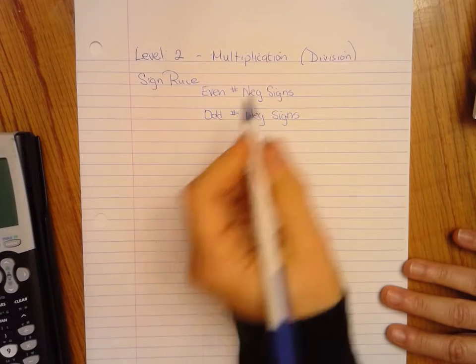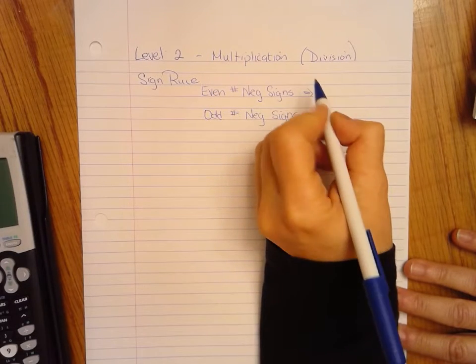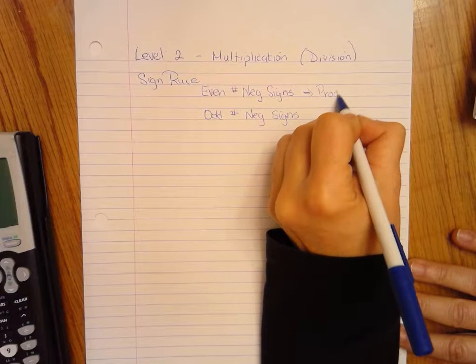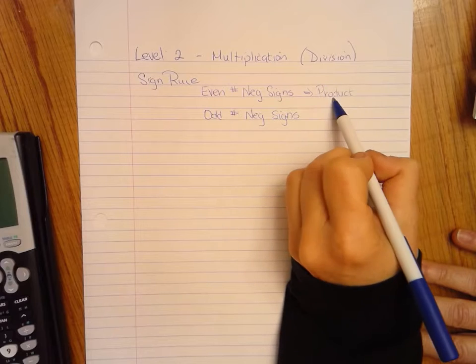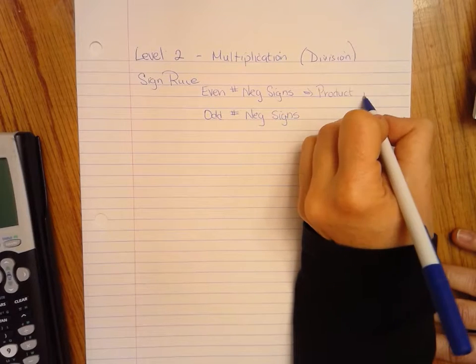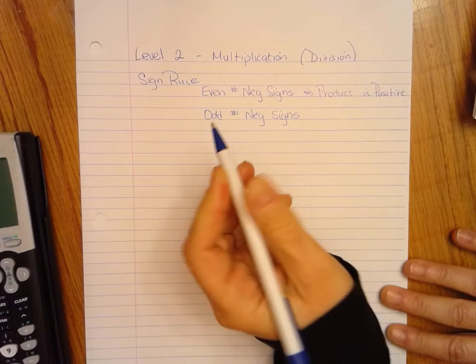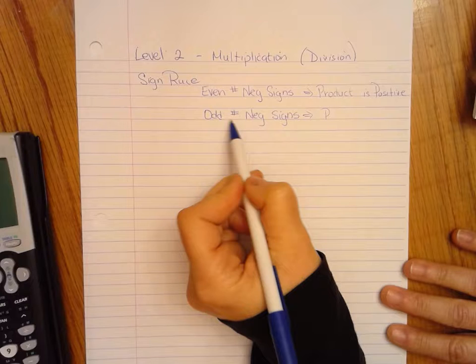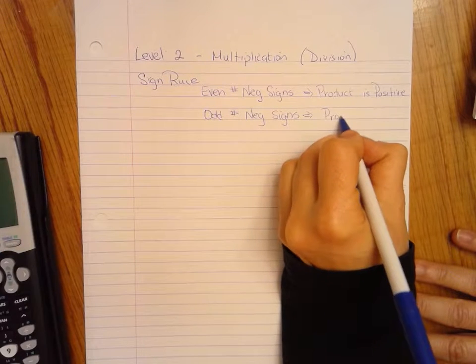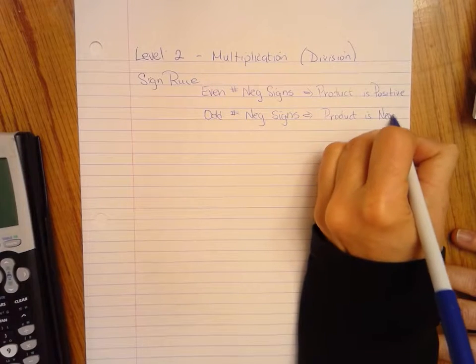Even number of negative signs, the product, which is what we call the answer to a multiplication problem, is positive, and for an odd number of negative signs, the product is negative.